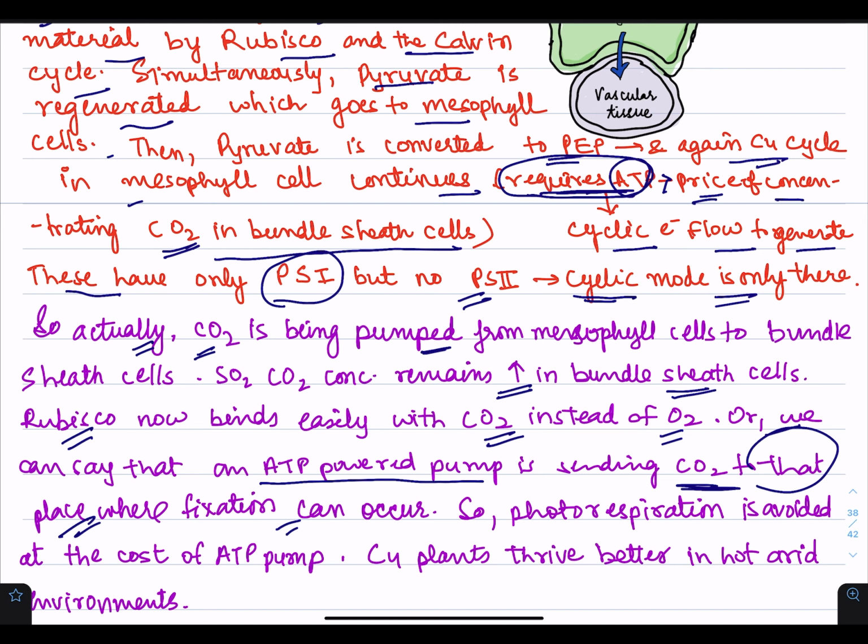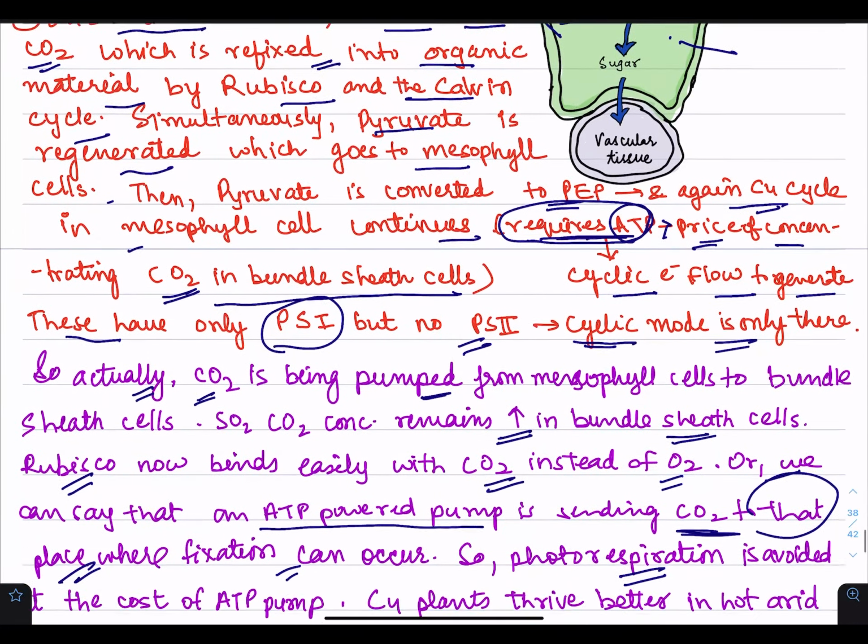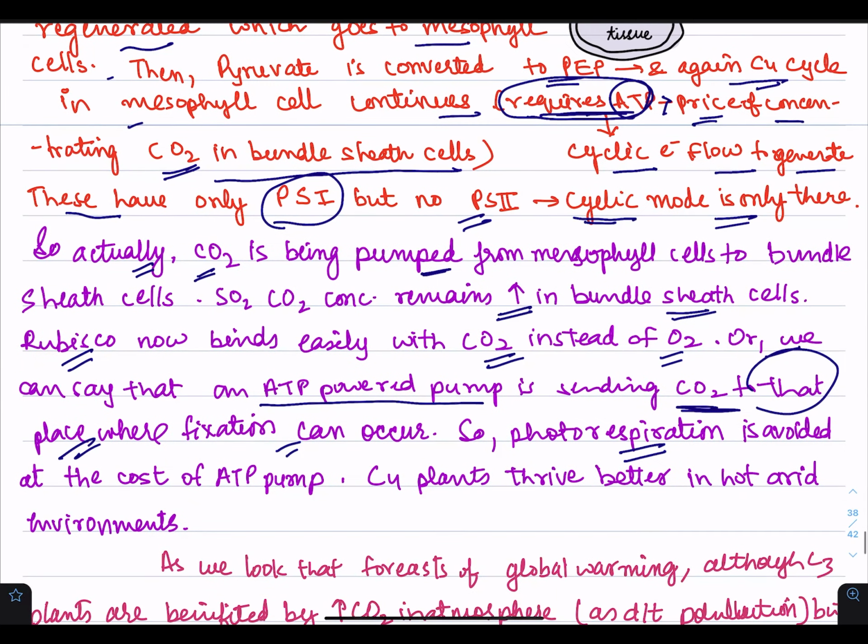This is how C4 plants avoid photorespiration and use the carbon dioxide by pumping it into the bundle sheath cells at the cost of this ATP pump. C4 plants thus thrive better in hot, arid environments.